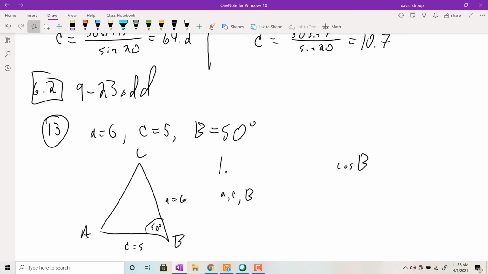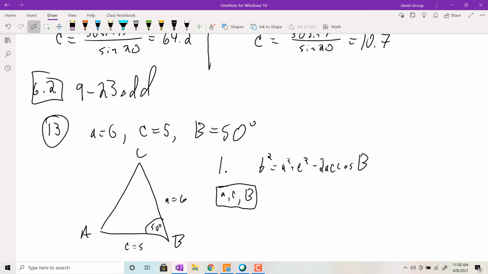So then you just back engineer. This will be minus 2ac cosine B, and then it will be a squared plus c squared, and of course that'll equal little b squared. It's the only law of cosines formula that has that particular angle that you're given. So you're forced to use that particular one.